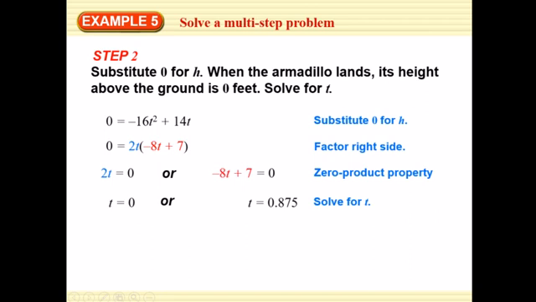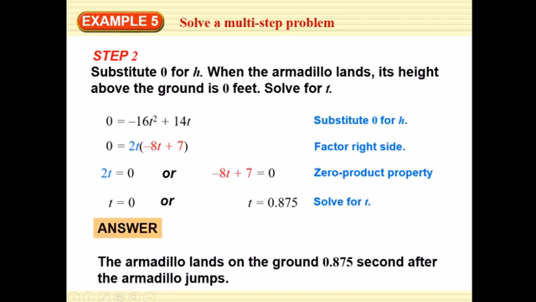Alright, so I get t equals 0, so at 0 seconds, or t equals 0.875, so at almost 1 second. So the armadillo lands on the ground after 0.875 seconds after the armadillo jumps. The reason why we eliminate the t equals 0 is because at time 0, the armadillo hasn't jumped.